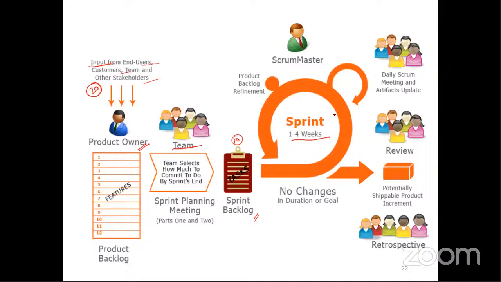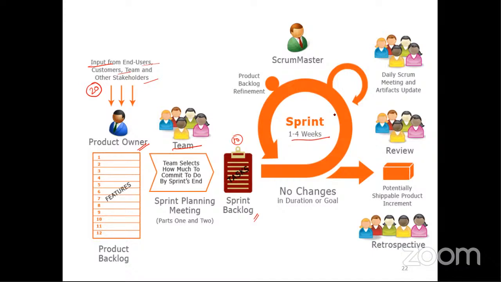We are going to see this in detail. After a 4 week time period, a review is conducted. After the review, the potentially shippable product, or you can say the first refinement of the product, is given to the customer. After showing it to the customer, feedback is taken.